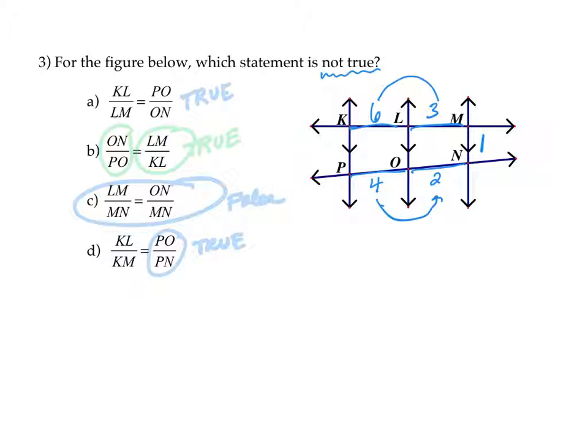Well, that would help you confirm that choice C is false, because that would give you 3 over 1 equal to 2 over 1. And they're not equal to each other, so again, that's why it's false. If you plug those numbers into all of your other ratios, you would confirm that A, B, and D are all true.